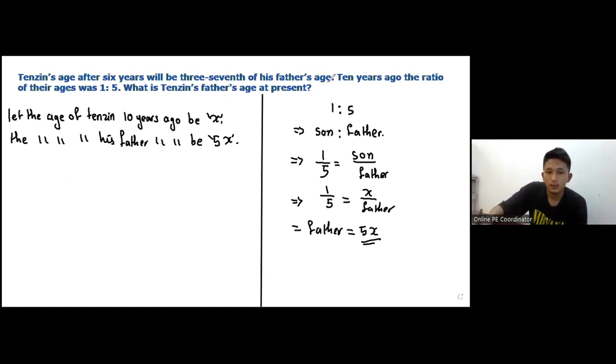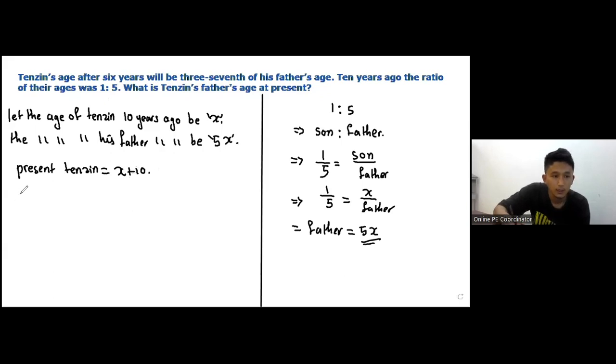Now, after that, the question is about Tenzin's age after 6 years, which is 10 years after the age we assumed. Ten years ago Tenzin's age was x, so the present age of Tenzin will be x plus 10.